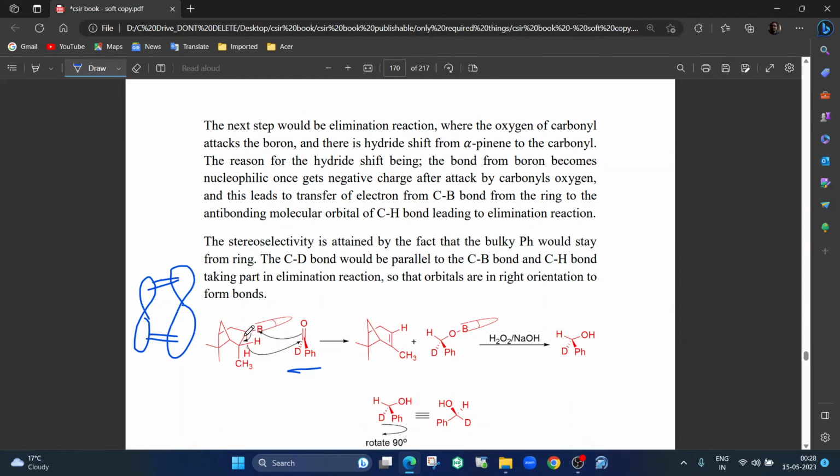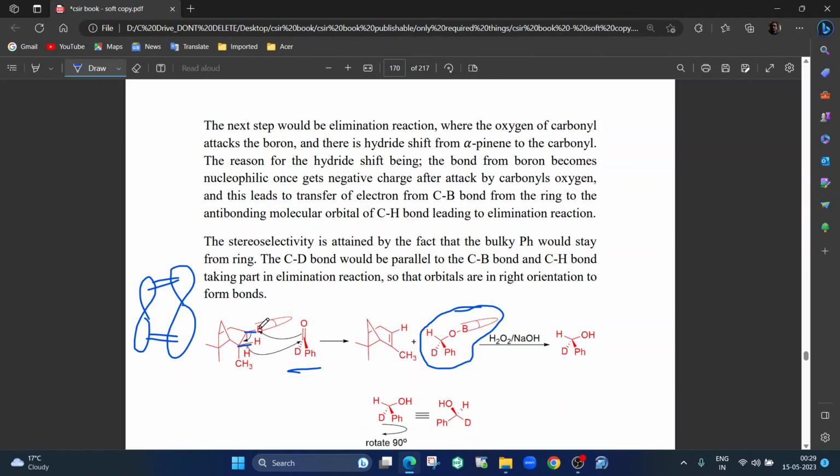So here they are periplanar, so you can see that this sigma bond and this sigma bond are in the same plane, parallel to each other, and therefore this comes away, this comes here, and this goes and attacks here, and you get this, right? So this was a very interesting case where hydrogen has attacked the ketone, so you have reduced it, and then oxygen goes and attacks here because boron is still electrophilic in nature.